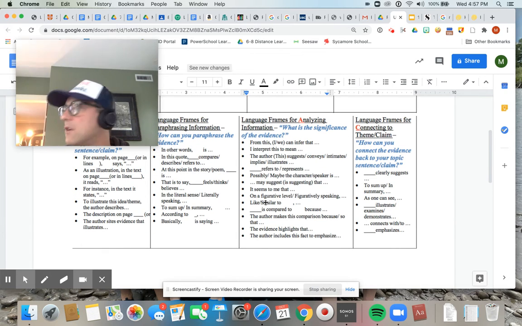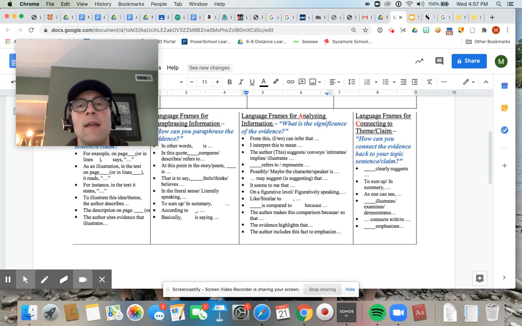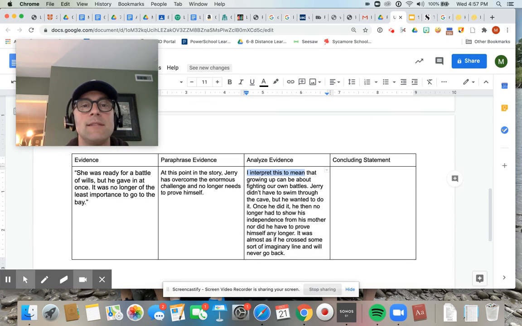These are all sentence starters to get us going, to get us thinking, to make sure that we are doing analysis and not summary. I interpret this to mean that growing up can be about fighting our own battles. Jerry didn't have to swim through the cave, but he wanted to do it. Once he did it, he then no longer had to show his independence from his mother, nor did he have to prove himself any longer. It was almost as if he crossed some sort of imaginary line and will never go back.